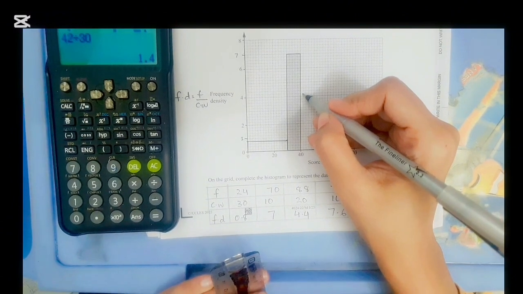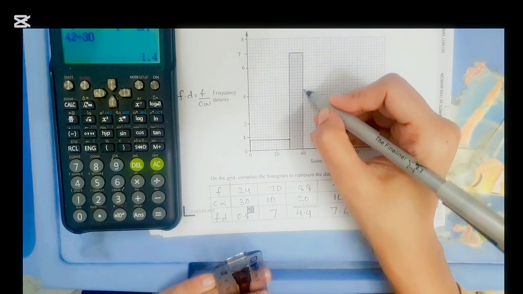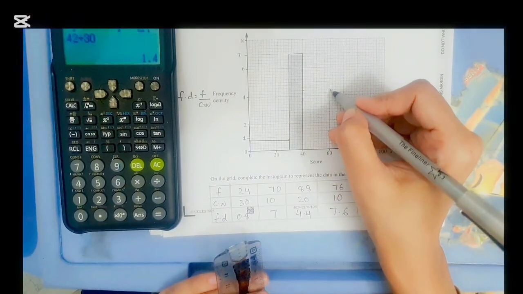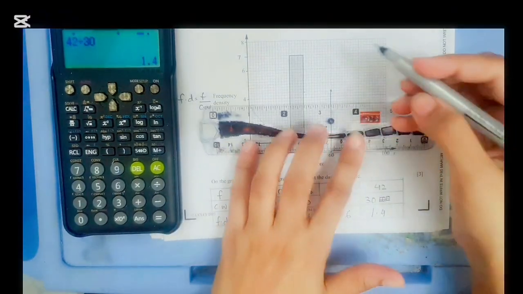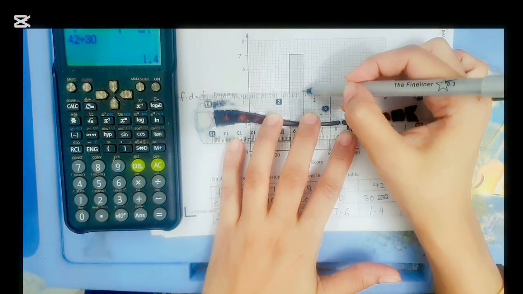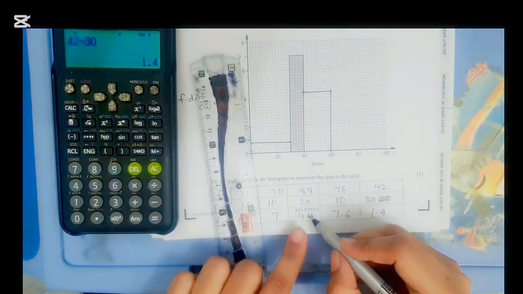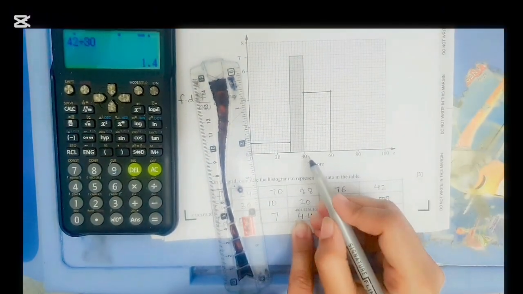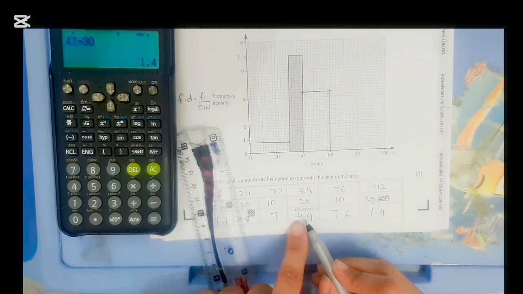So for 40 to 60 the frequency density is 4.4. One small square is equal to 0.2 units, so 4.4 would be over here. I am checking the class width as well. The class width is 40 to 60, so I have taken from 40 to 60, and the density is 4.4.